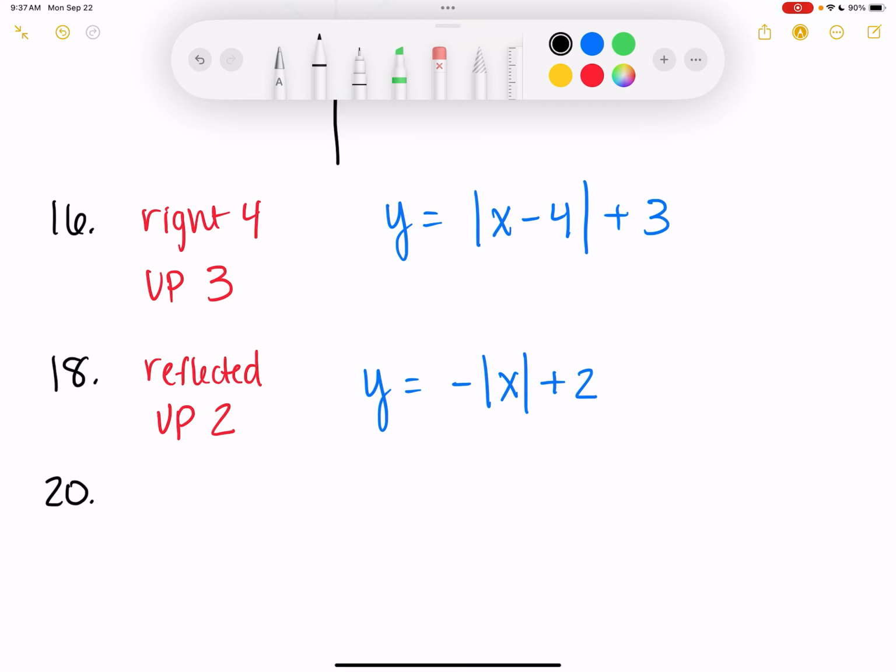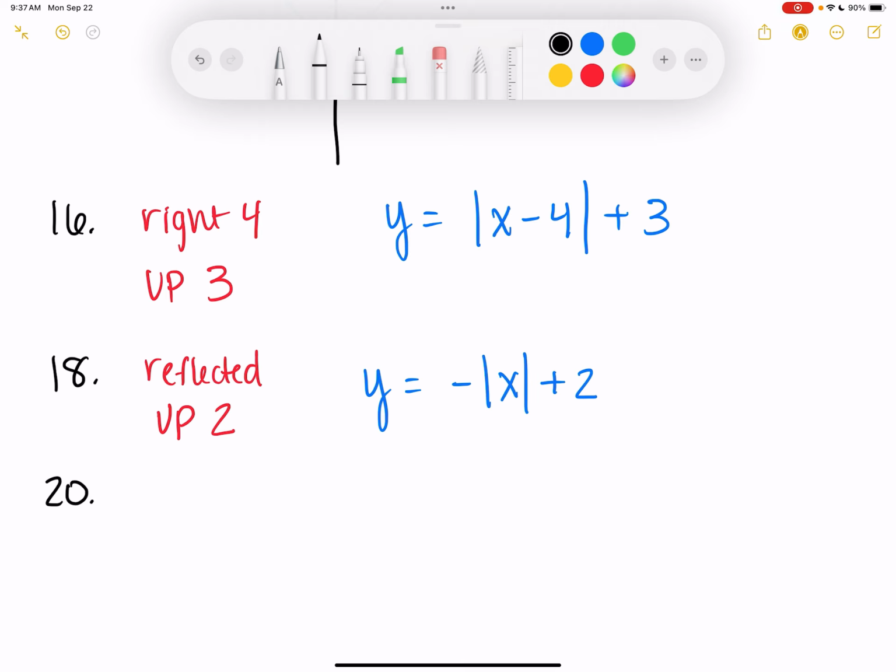If I just go up 1 over 1, that's not where my graph is, right? So this one is obviously either being compressed or stretched, and people tend to get confused when they just look at a graph and say, oh, this is stretched or this is compressed. So what I do is I just look at the slope of the line. This one, rise over run, is up 2, right 1. So this one is stretched by a factor of 2 because the slope of that side of the line would be 2. That's the easiest way to look at it.